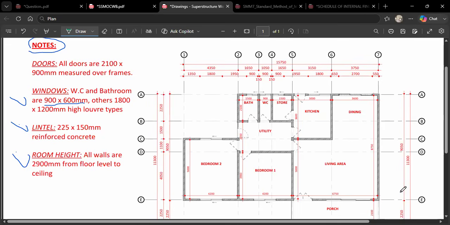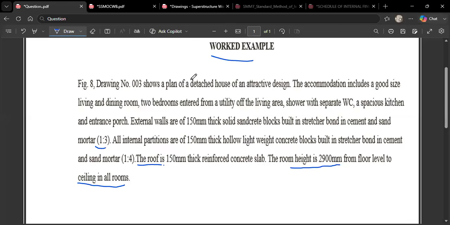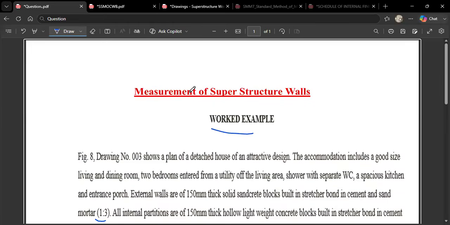Also, I want you to know that superstructure walls are measured in what? Area. So first of all, what are we going to do? We are going to look for an area. What do we say?